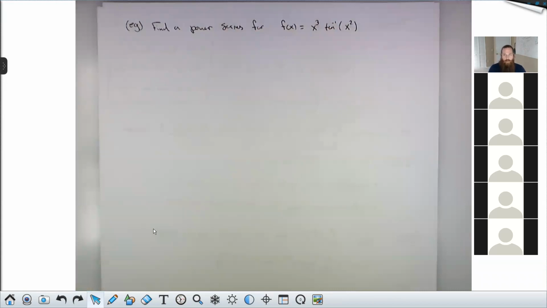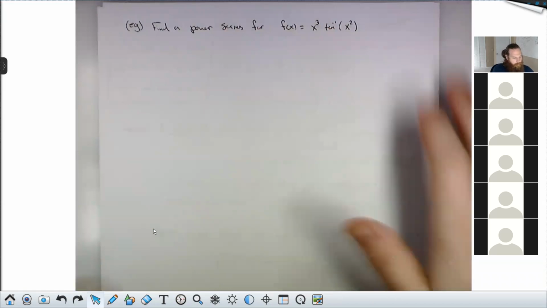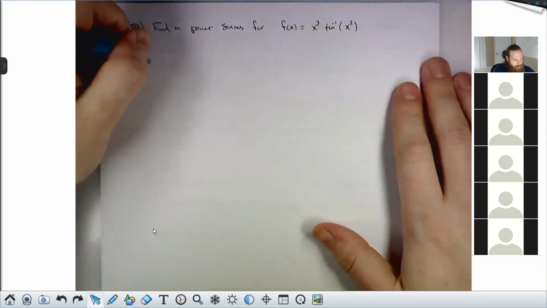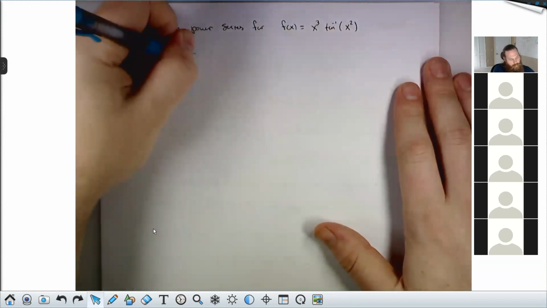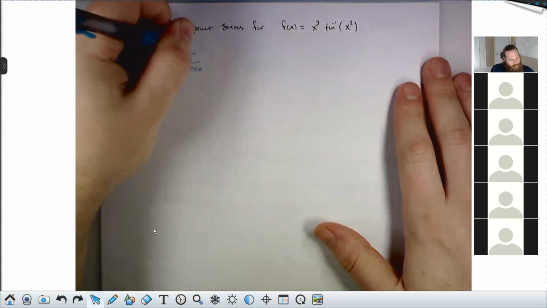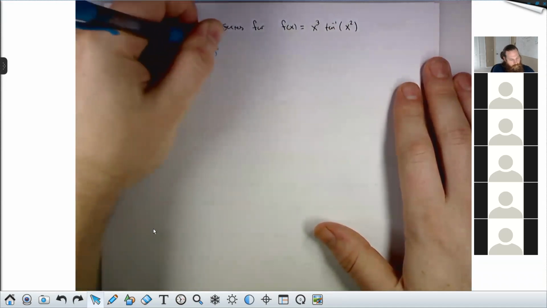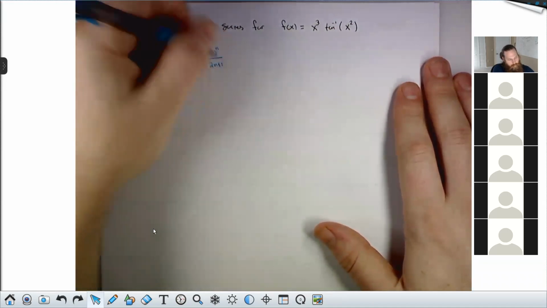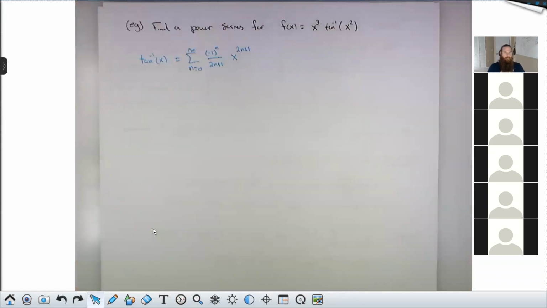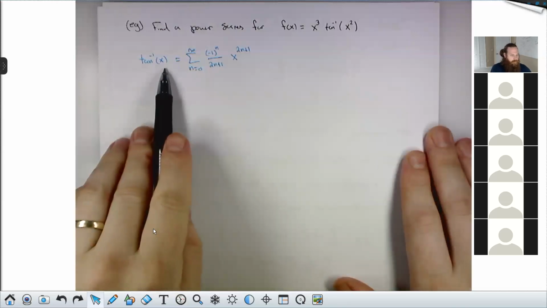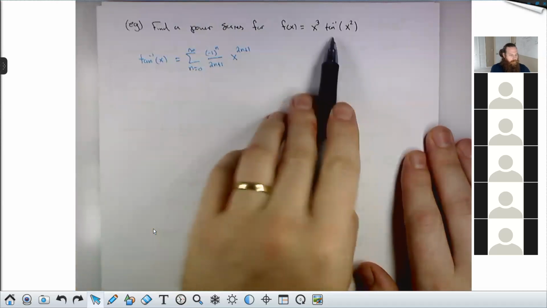You don't need to start all the way at the beginning because you know that the inverse tangent of x has the following power series. So if I swap the x for an x squared, that will give me this piece.